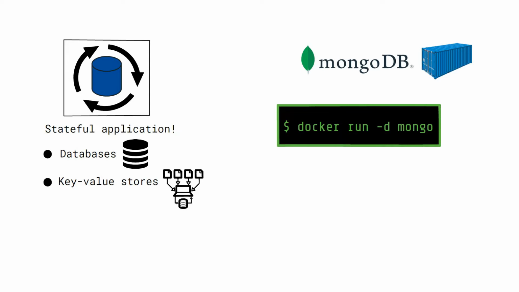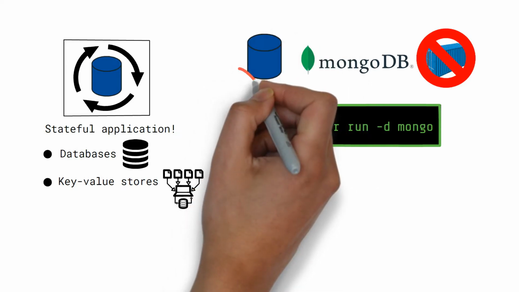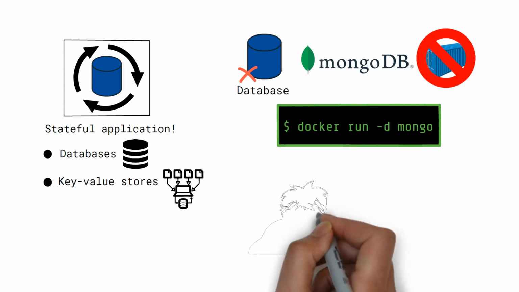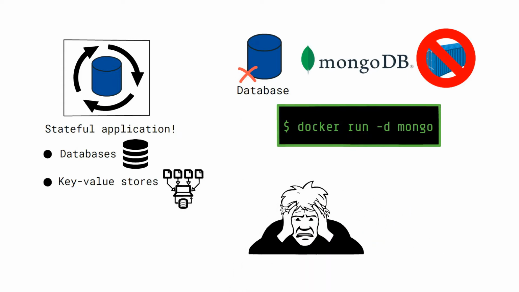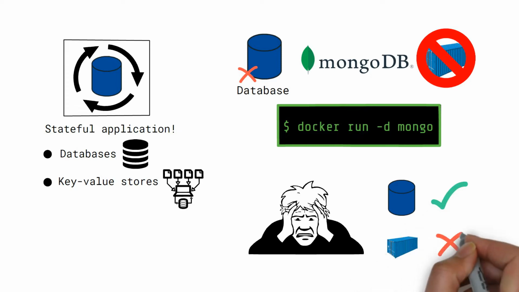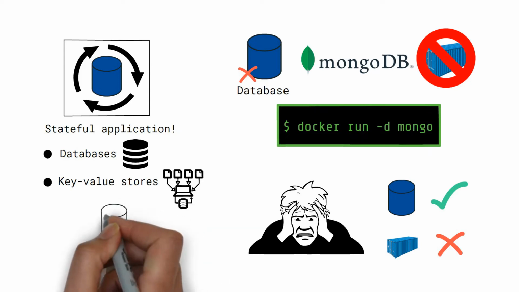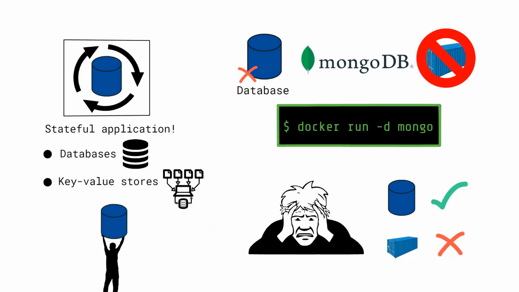Now, if the container was removed, intentionally or unintentionally, we would lose all the data from our MongoDB database. That is probably not what we want. We likely need to store the data in our database persistently, even if the container is lost. So how do we achieve persistence for container data?